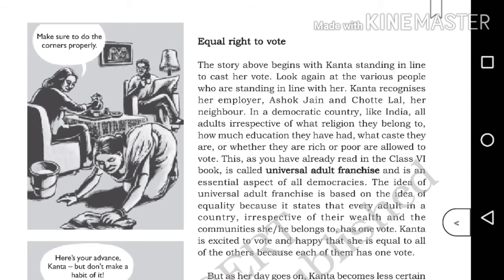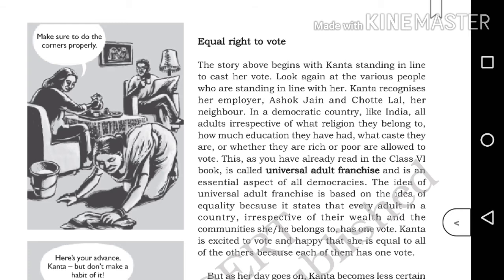Okay, and this is known as universal adult franchise. And it is an essential aspect of all democracies. The basic idea regarding the universal adult franchise is that every adult in a country, irrespective of their wealth and the communities she or he belongs to, has one vote.